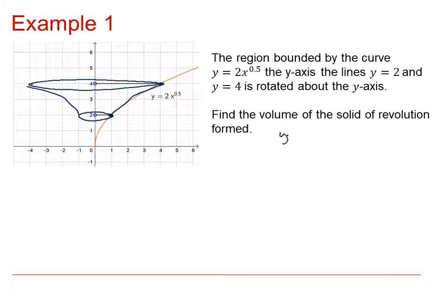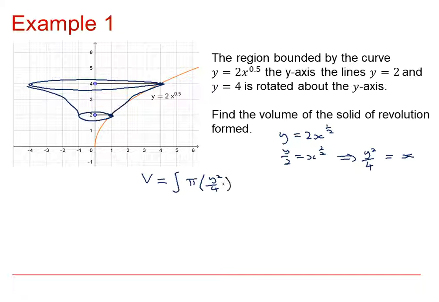We know that y equals 2x to the half, but we need to know what x is. So y over 2 is x to the half, and therefore if we square both sides, x will be y squared over 4. So when we come to do our volume, V would be the integral of pi, and it's x that we're squaring this time, so y squared over 4 squared.